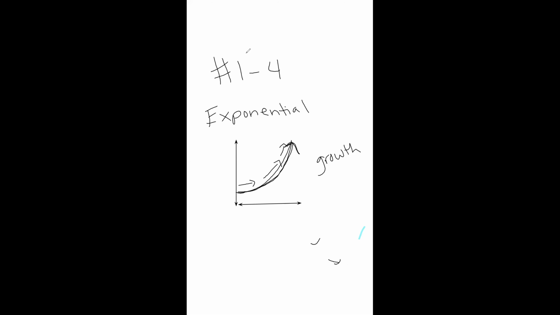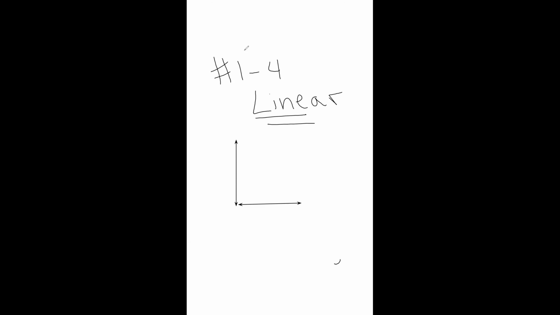When we talk about linear graphs, those are linear. And linear, once I write the word, you'll notice has the word line in it. It's not going to curve. It's going to be a straight line. So it should be like this. Or like this. No curves.